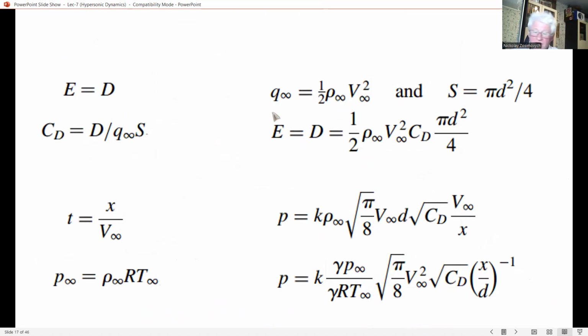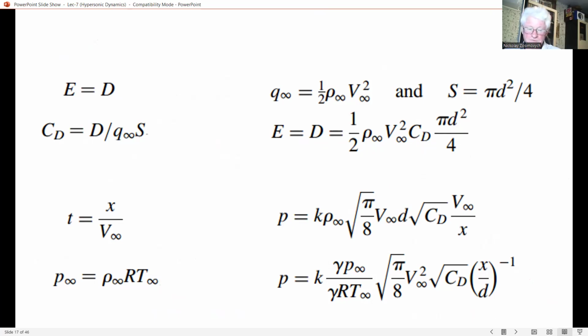Here rho infinity and V infinity are the free stream density and velocity respectively, for the body which we have on the previous figure. Thus, we can write that E equals D, or simply 1 over 2 rho infinity V infinity squared times CD times pi D squared over 4.